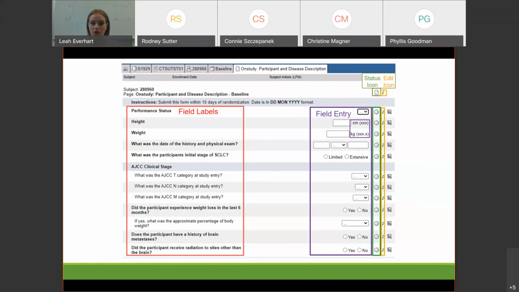And next to field entry are the status icons and edit icons. And you can open individual fields for editing by clicking the edit icon, which is that little pencil next to the specific field, or you can open the entire form for editing by clicking the edit icon, the little pencil at the very top of the form. Next slide, please.